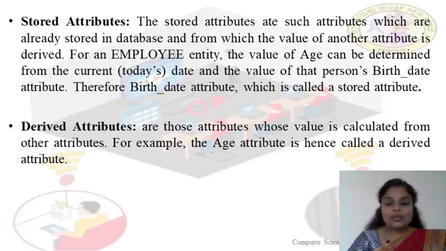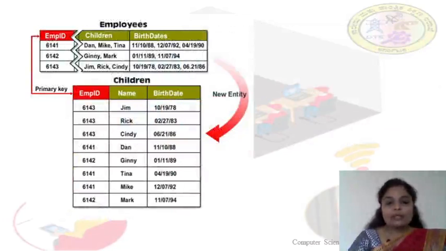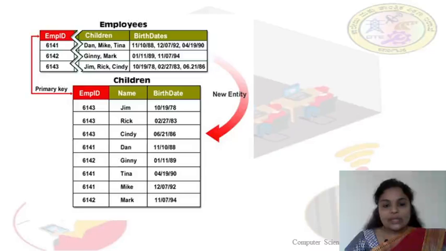The date of birth can be stored in a table, correct? Suppose I ask you what is the age of Tina, that is 6141 Tina. She was born in 1990. Please observe, it's in the 6th row.